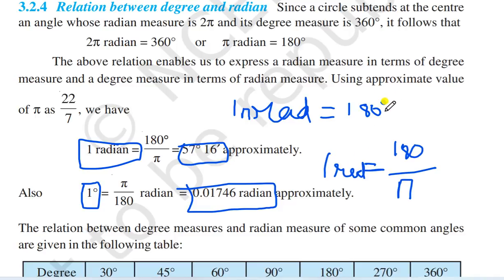Because 180 degree can also be written as 180 into 1 degree. So if we take 180 that side, it'll be pi rad divided by 180 equals 1 degree. And if we take pi this side, it'll be 180 divided by pi. So in both cases, we get this as our answer.